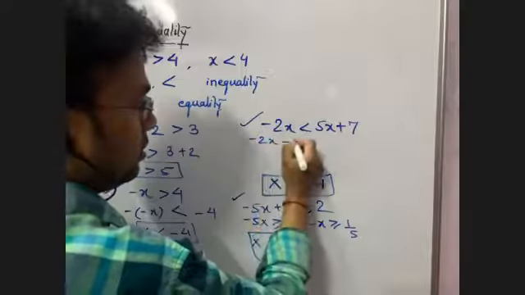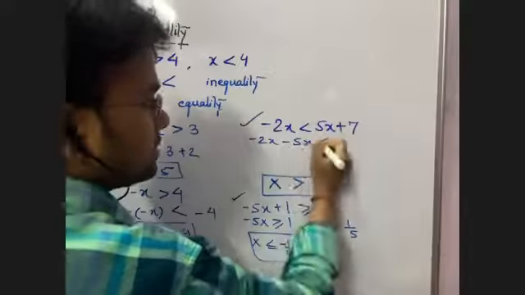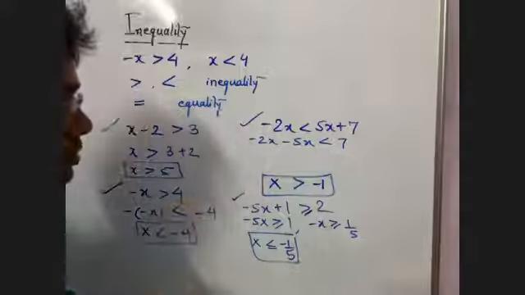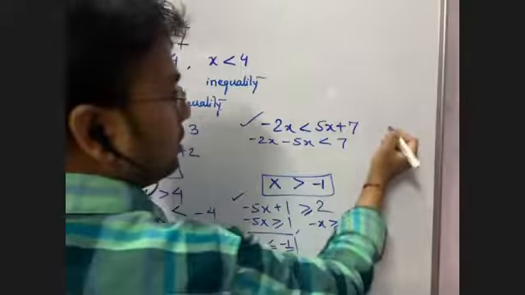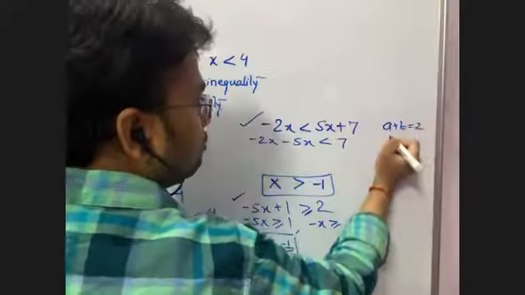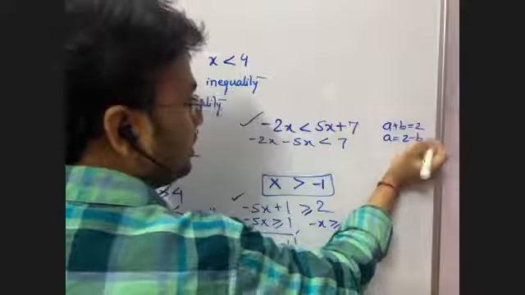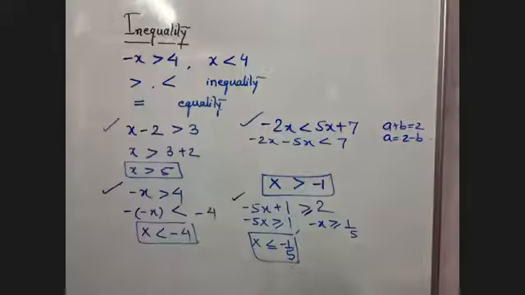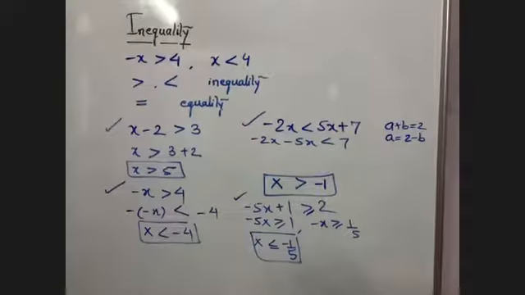Minus 2x minus 5x is less than 7. As we do in normal algebra, like a plus b is equal to 2, what I write is a is equal to 2 minus b.